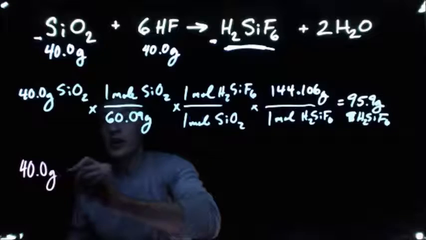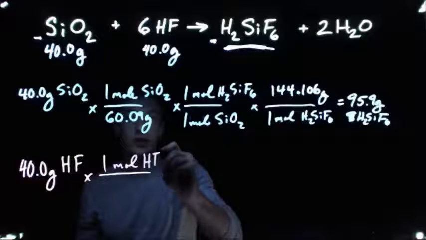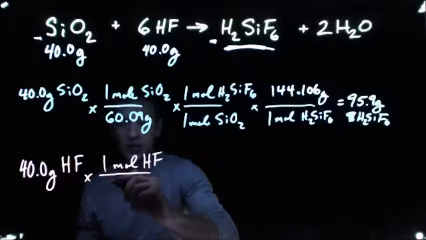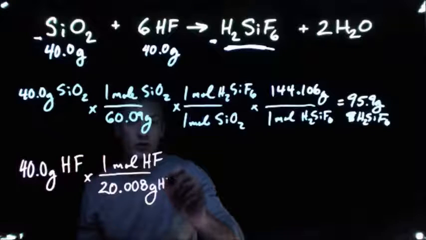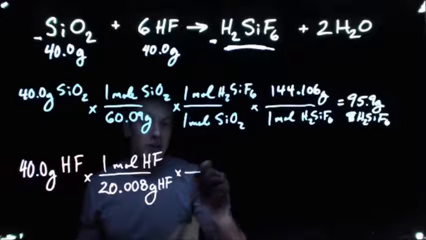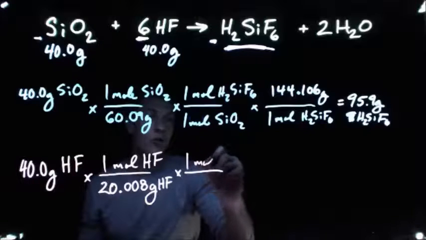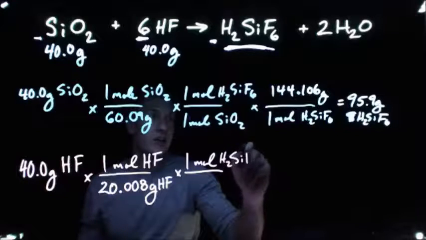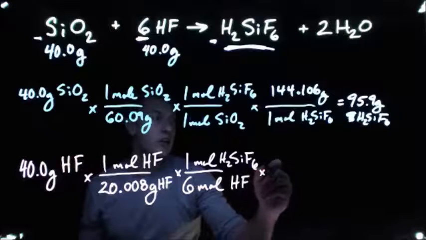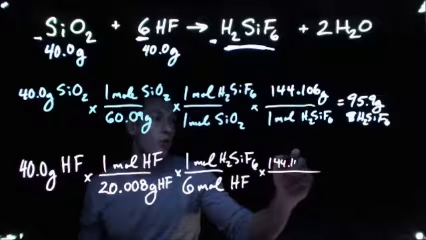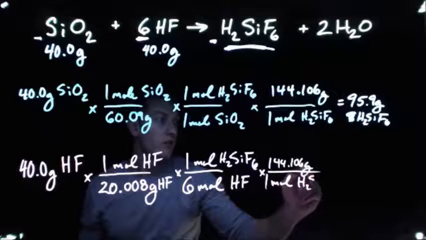So 40.0 grams of hydrofluoric acid times, and it is 1 mole of hydrofluoric acid for every, let's see, 20.008 grams of hydrofluoric acid is 1 mole, times then it is a 6-to-1 ratio, so it is 1 mole of H2SiF6 for every 6 moles of hydrofluoric acid, times then, same deal, 144.106 grams of that compound for every 1 mole of that compound.